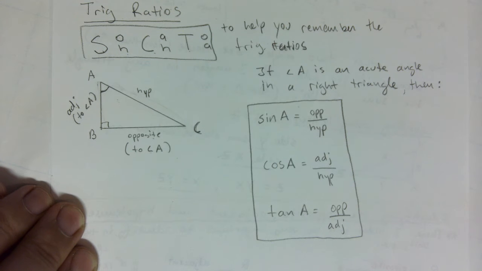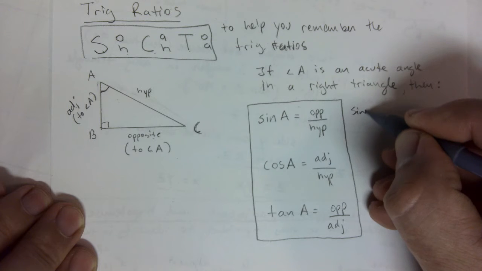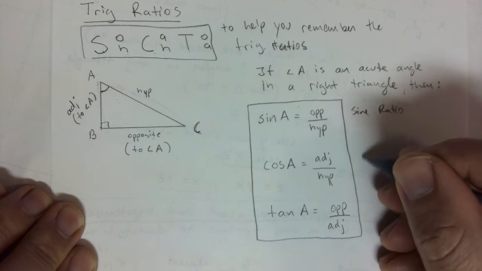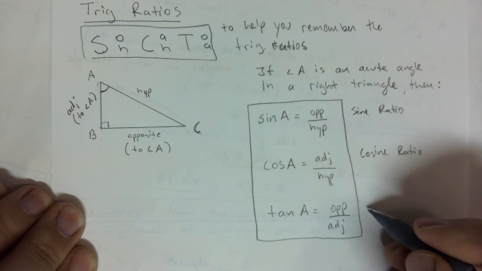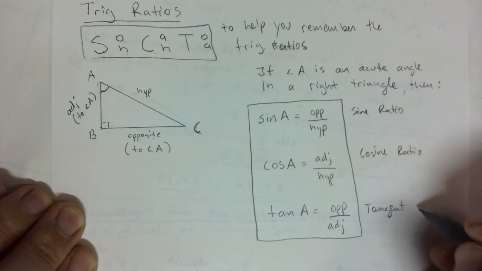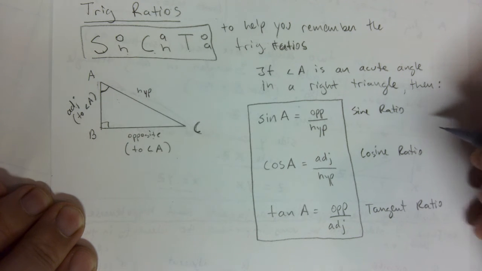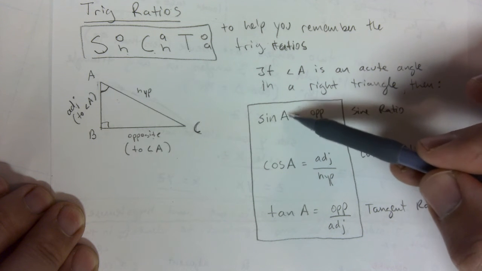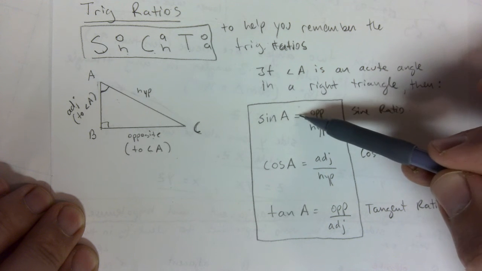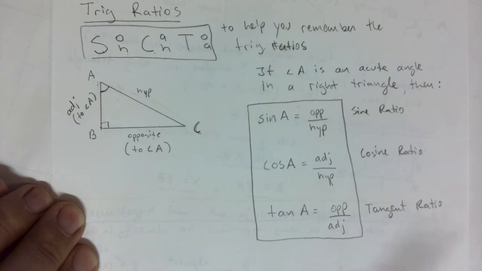So don't use that in your calculations, okay? We use this for calculation. So this is the sine ratio. This is the cosine ratio. And this is the tangent ratio. And ratio is a comparison, okay? So we know that sine of that angle, whatever it's going to be in degrees, is going to be opposite side divided by the hypotenuse, okay? So just so you know.